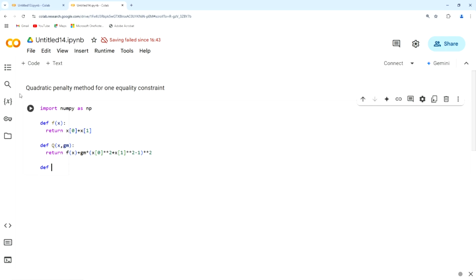Since we want to use one of the algorithms for unconstrained optimization, let us define the gradient function. We will also define the Hessian, so that we can use Newton's method.